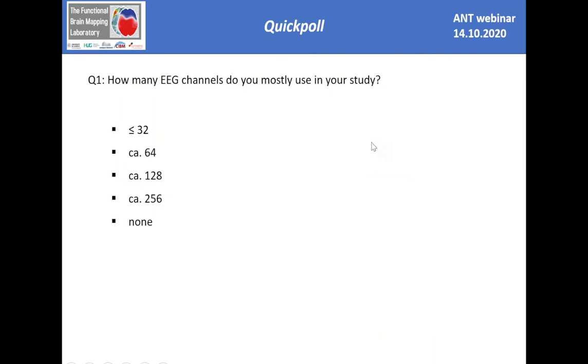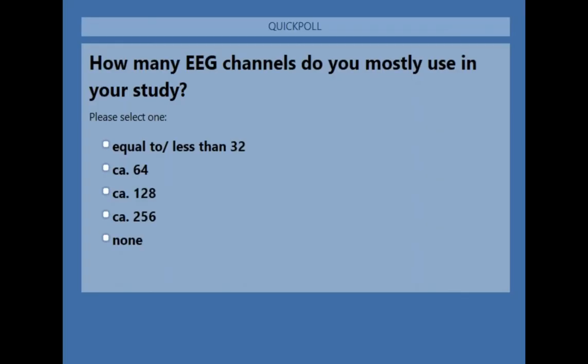So we have already arrived at the first question of the Quickpoll. That is, how many EEG channels do you mostly use in your study? Do you use usually below 32, 64, 128, 256, or none? Okay, the poll is ongoing, and let's give it 30 seconds.